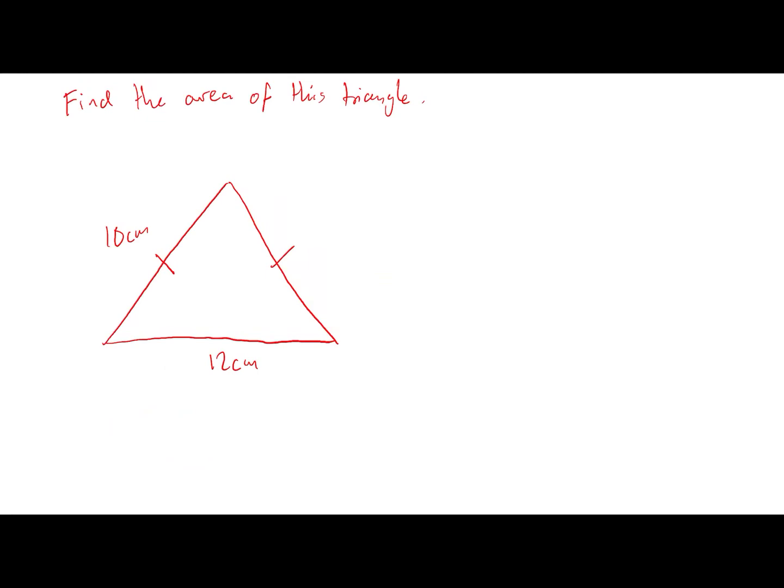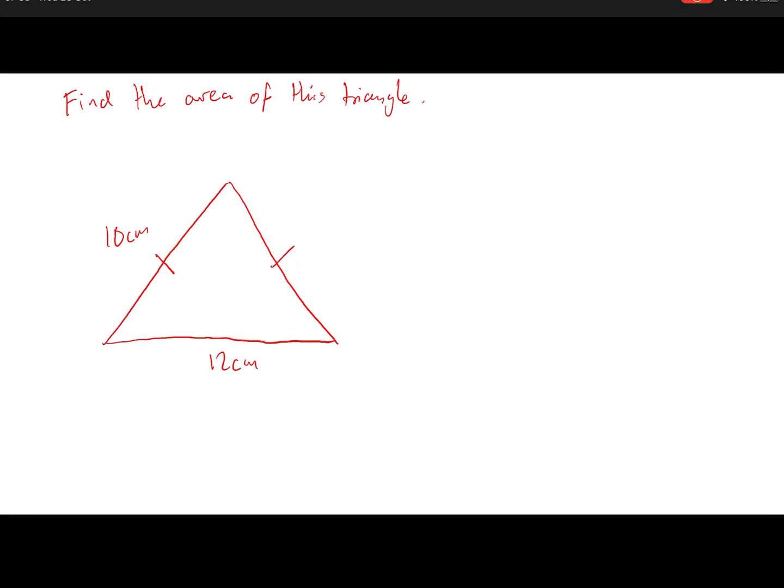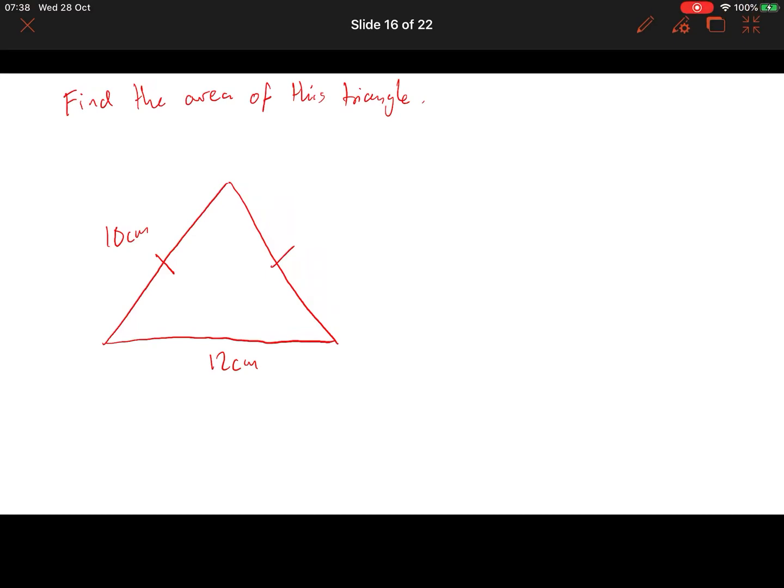Right, now, consider this question here. If you want to stop the video and have a go at this yourself, please do so. But I'm quite happy for you to just run the video and watch me do it. This is how we can use Pythagoras to solve some problems where we might not think it's applicable. What we're trying to do is find the area of this triangle.